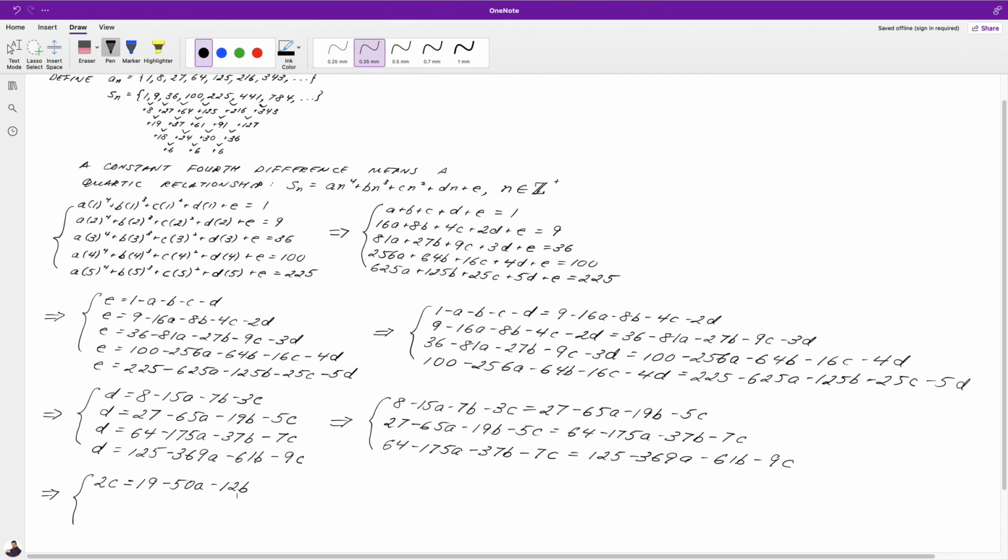Okay. All right, second equation. Let's add 7C to both sides. It's going to give us 2C again. Subtracting 27 from both sides, that's going to give us 37. Adding 65 to both sides, that's going to give us negative 110A. And then adding 19B to both sides, that's going to give us a negative 18B. Okay, bottom equation, let's add 9C to both sides. Again, that nice 2C.